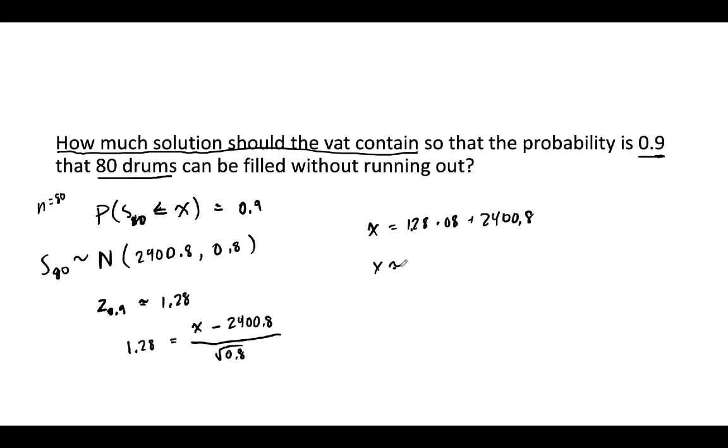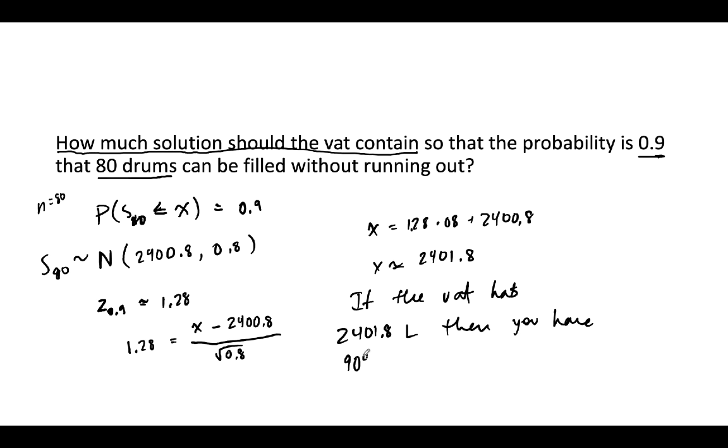And all right, so we get a value: if the vat has 2,401.8 liters, then you have a 90% probability to fill them.